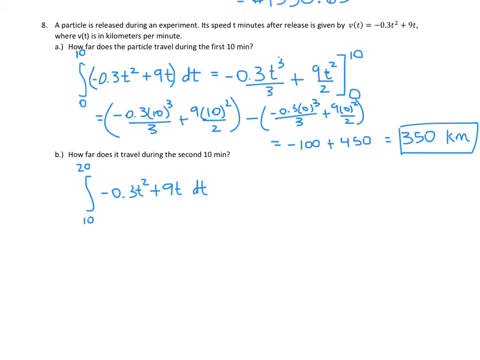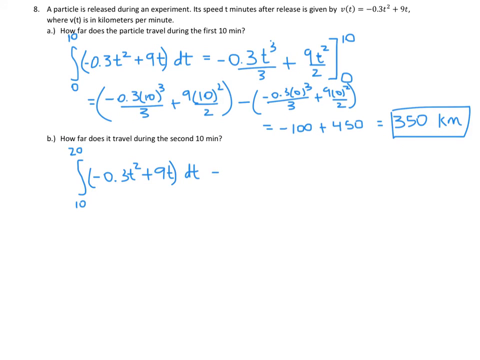Alright, so we've already calculated the antiderivative. It ended up looking like negative 0.3 t cubed over 3 plus 9t squared over 2. And now we're integrating from 10 to 20.